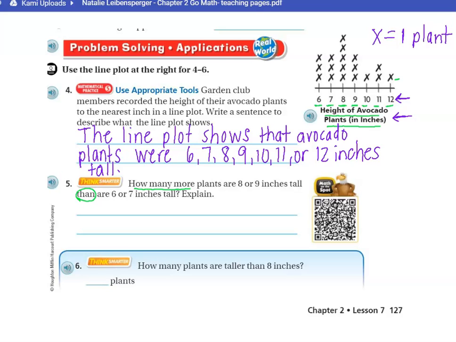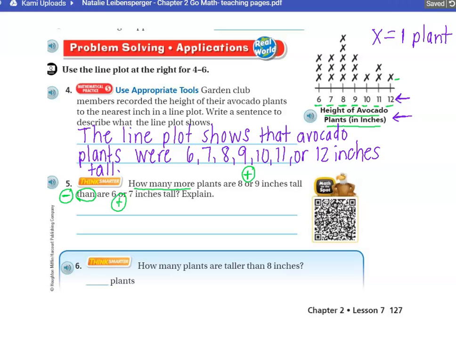So I know that I'm going to somewhere in there be subtracting. I'm going to put a little subtraction symbol there. But then I'm noticing 8 or 9 inches tall, and it seems like I'm comparing those with 6 or 7 inches tall. So I'm thinking I have to add those together, I'm going to add the 8 or 9 inches tall and the 6 or 7 inches tall.